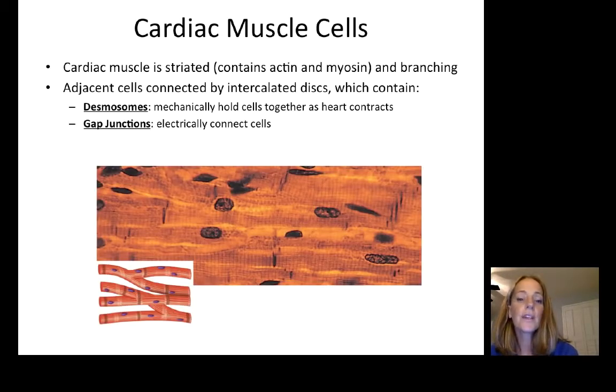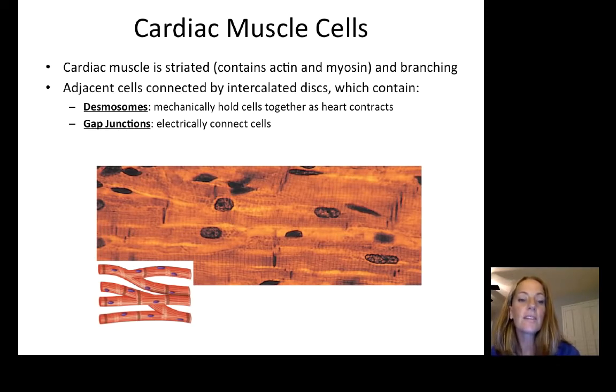First, cardiac muscle is striated. Striations come from the arrangement of actin and myosin. If you're forgetting what the arrangement of actin and myosin looks like, you may want to go back to the muscle physiology lecture where we talked about the sarcomere. We do have striations and sarcomeres in the cardiac muscle.